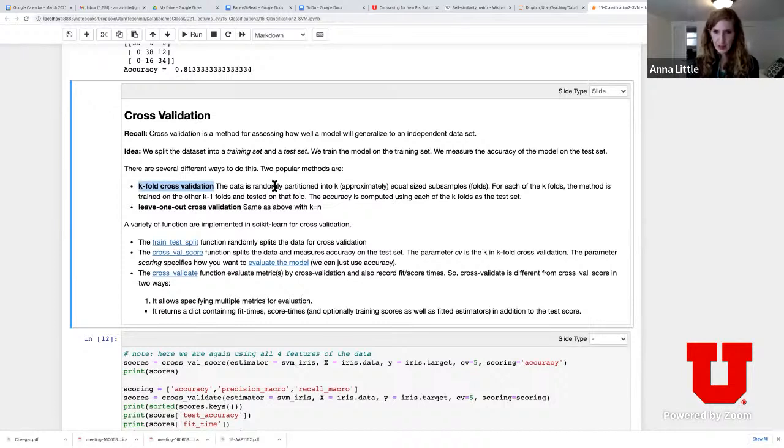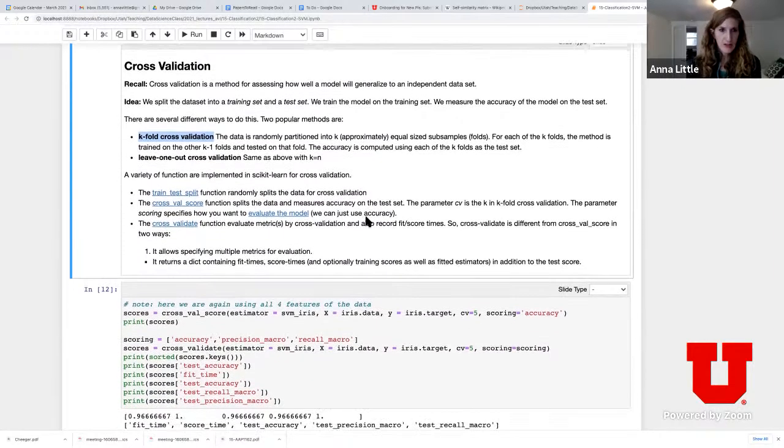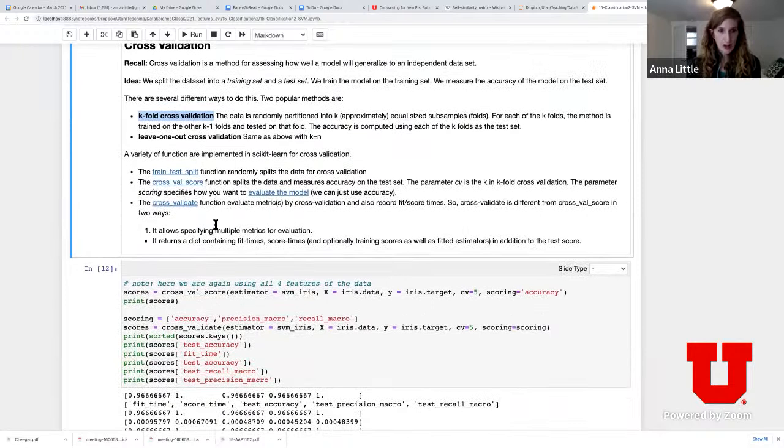The accuracy is then computed using each of the k folds as the test set. Okay, so let me go over some of the functions that support cross-validation in scikit-learn. First, the train test split function can randomly split your data into training and test data. You have to tell it what portion you want to keep for testing.